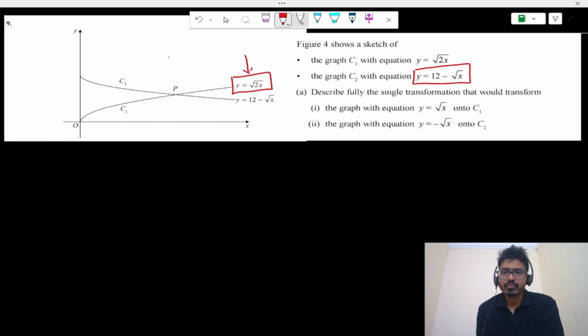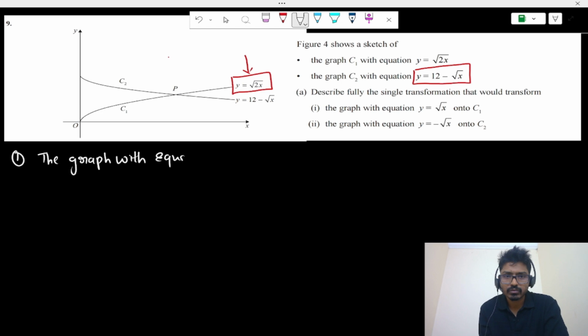So here we are going to solve the first part of the question, which is the graph with equation y equals root x onto C1.